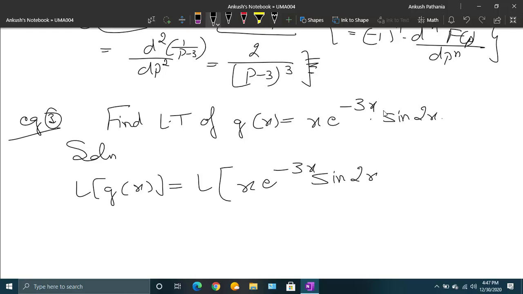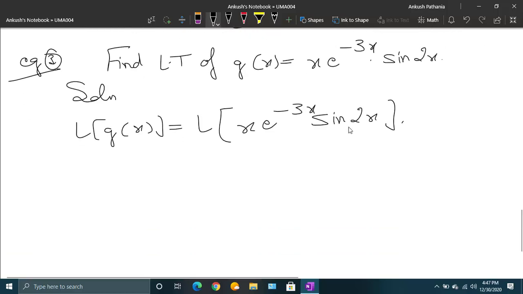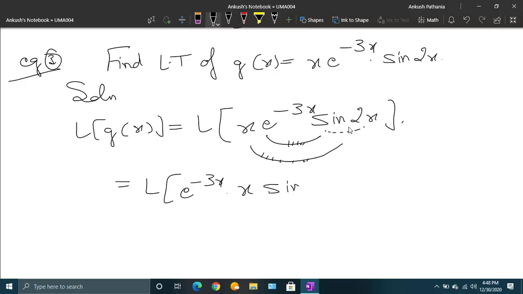So clearly, looking at the given function, you can see there is more than one property that is going to be used in this question. Here f(x) is your sine 2x. It is going to be multiplied with e raised to power minus 3x, and also the function is multiplied with x. So there is a combination of two properties that is going to be used here, one by one. So let me write it in the form e raised to power minus 3x, x, sine 2x.